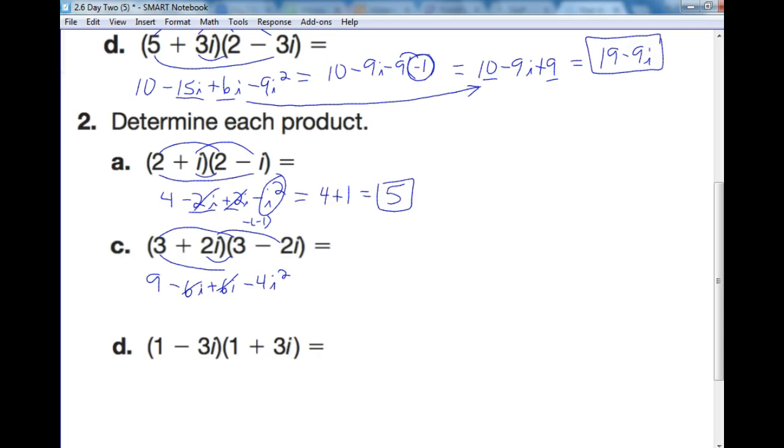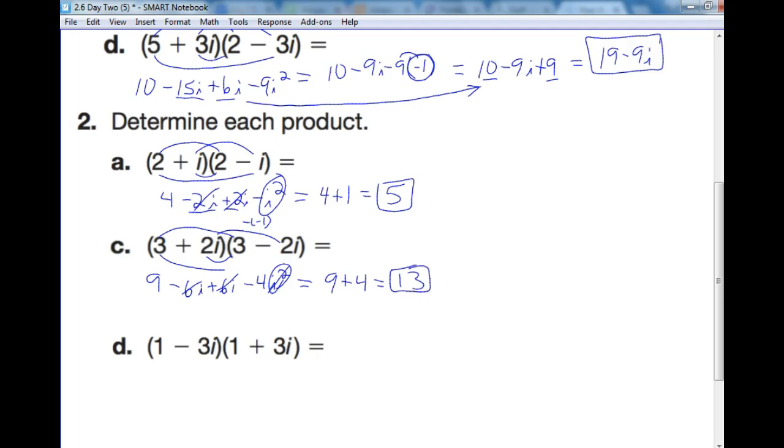And look at that. Those middle terms killed each other off again. And is it okay if I look at this and call it 9 plus 4 now? Because in the end, I know that's negative 1, and all negative 1 does to a term is change its sign to get 13. Did you get 13 for that one?